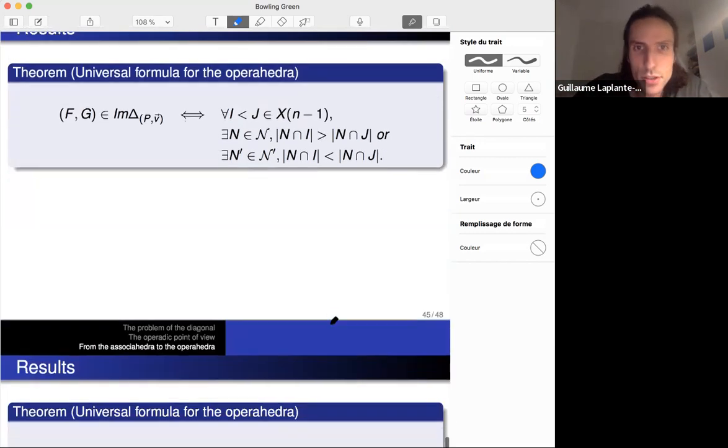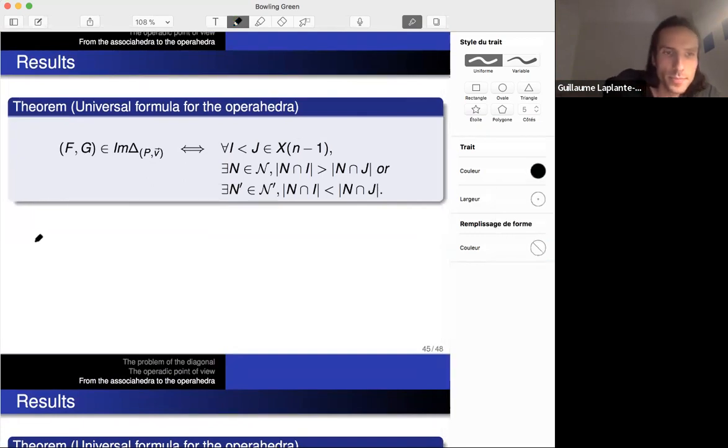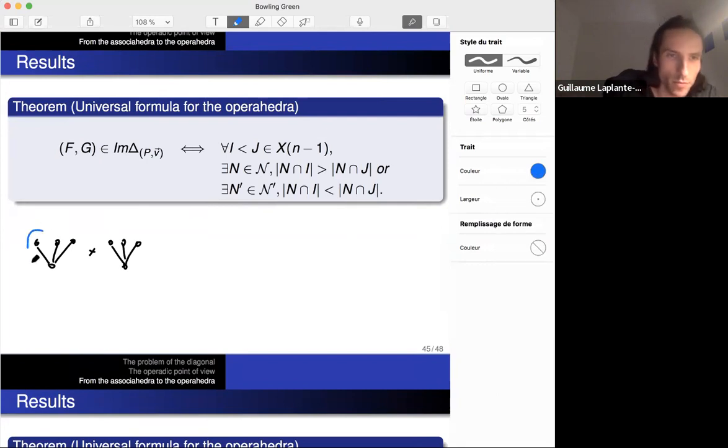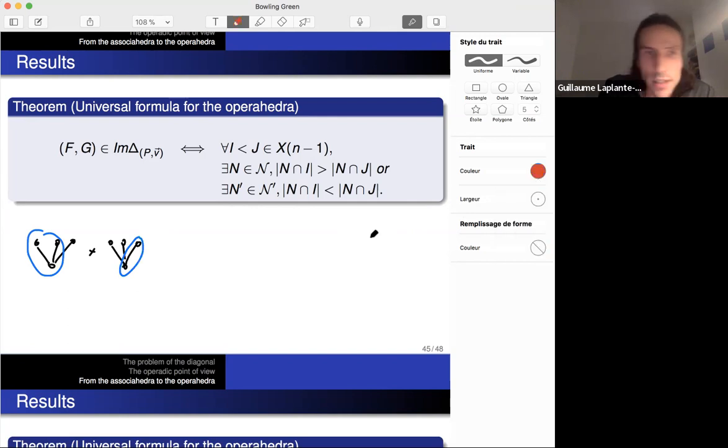And let me just draw a small example. Let's say you have these two faces. Here we're going to order the edges of the tree 1, 2, 3, 1, 2, 3, and then this will be in the diagonal.